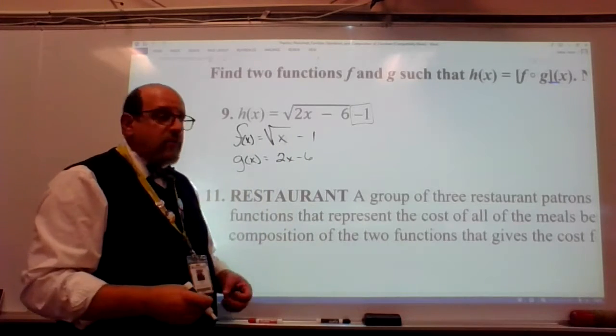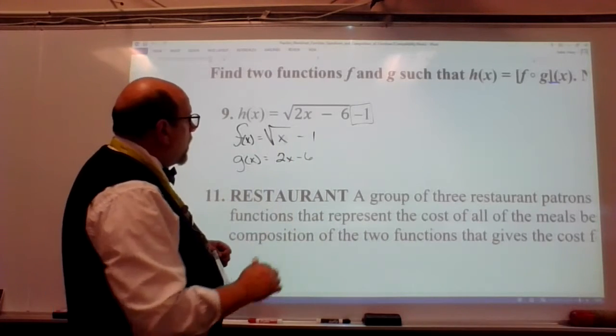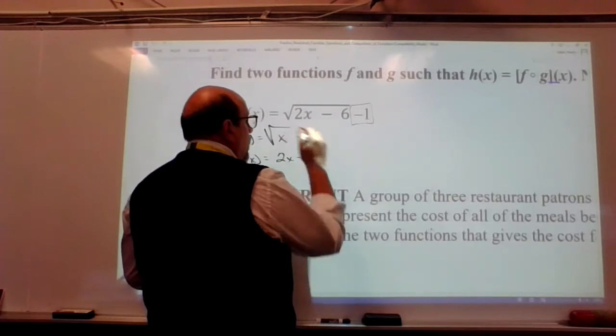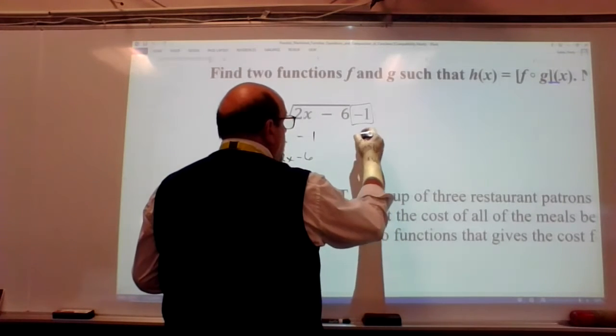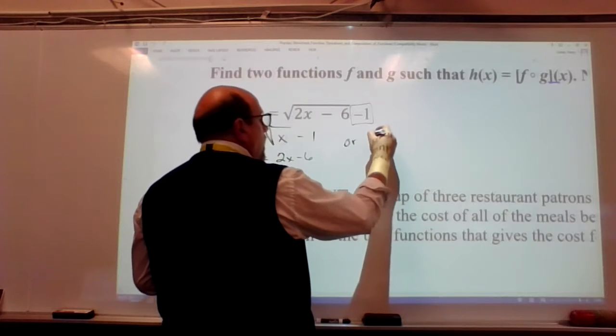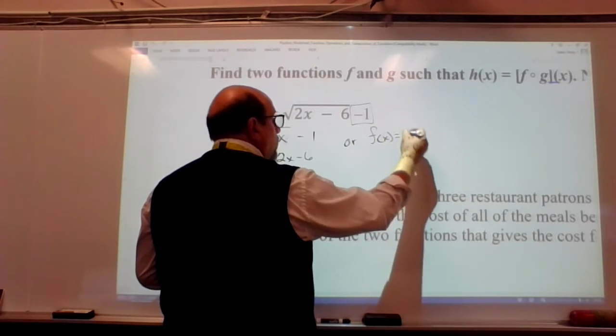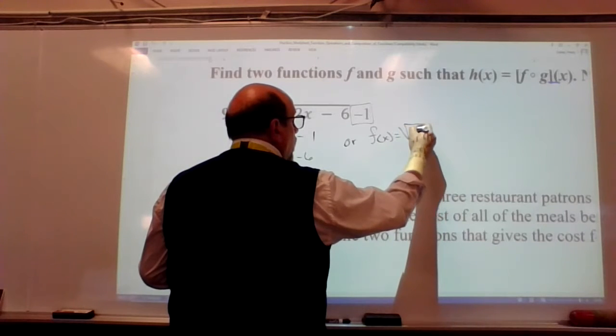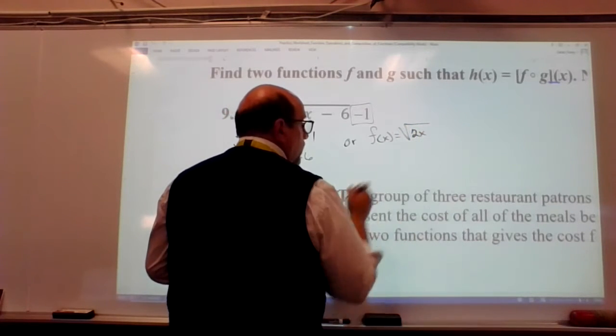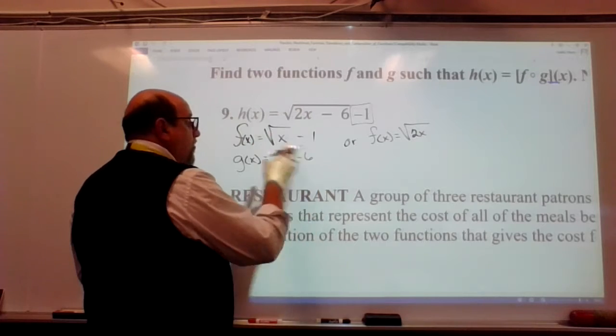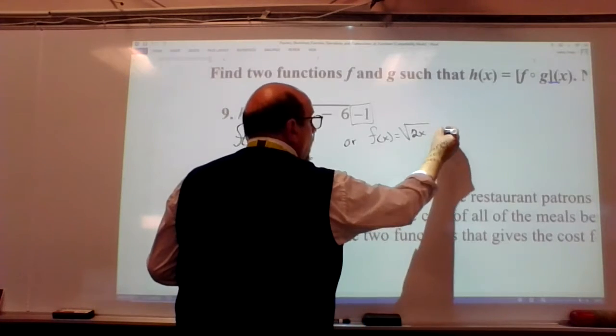That's a valid answer. But if we wanted to try another one, I would factor out that 2 and say, okay, well maybe f of x was the square root of 2x, right? And then I factored out the 2, minus 1, right?